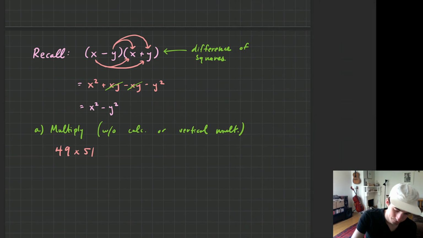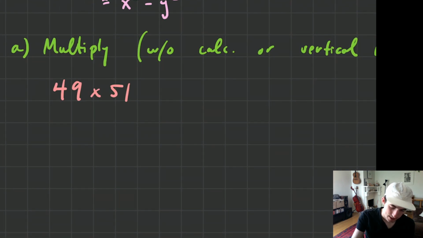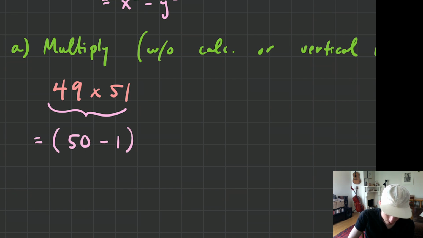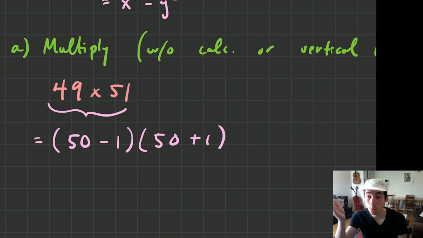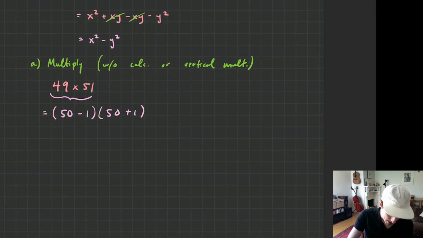Okay, time's up. So the trick here is to notice that this is equal to 50 minus 1 times 50 plus 1, right? That's the whole point. So this is equal to 50 squared minus 1 squared.